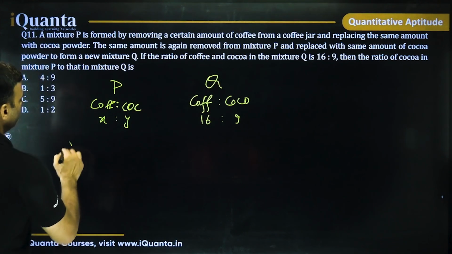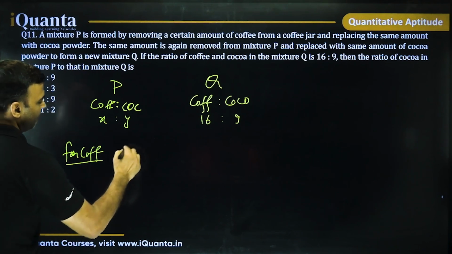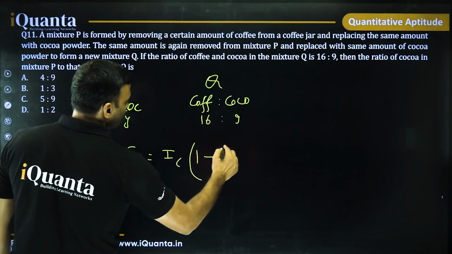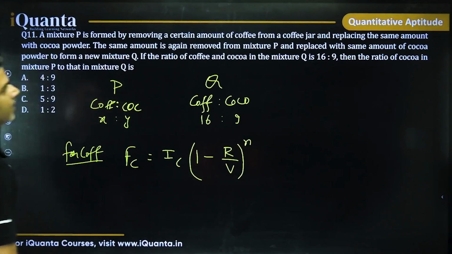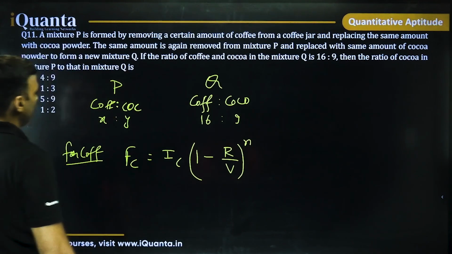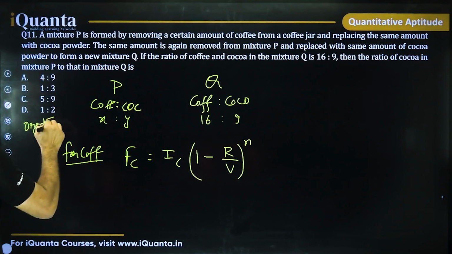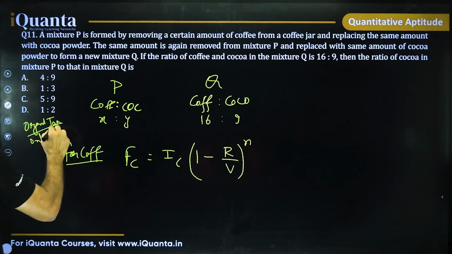So we'll work with coffee. For coffee, this is a question of replacement. So we'll directly apply final concentration is equal to initial concentration into 1 minus R by V to the power N. Here N is just 1. Okay. So, oh yes, now I think yes, we need this original one also, because in the original jar, there was only coffee.